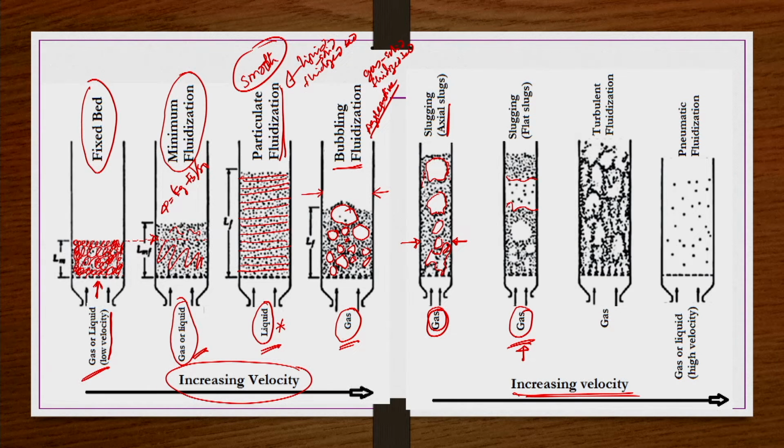So this is also slugging fluidization, but these are flat slugs, because they entirely occupy the cross-section area of the column for some heights, like this, and they are more or less flat. That is the reason this fluidization is known as slugging fluidization, but with flat slugs, right.